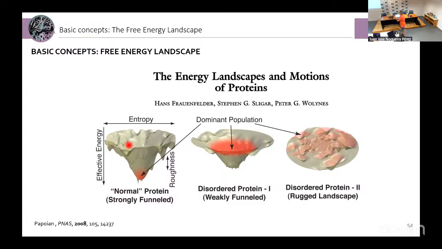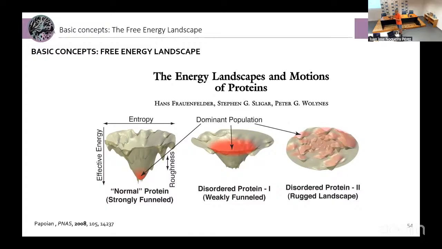What I mean with the shape of the free energy landscape: for example, the depth of the potential well gives us an idea of the effective free energy that a particular conformation has, considering the unfolded state. But also, when we consider the wideness of the well, we can estimate somehow the structural entropy of the protein.